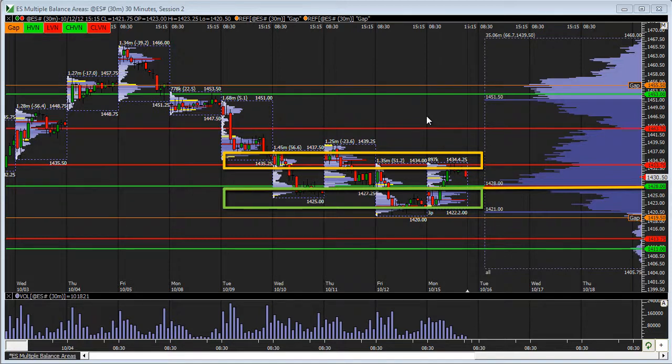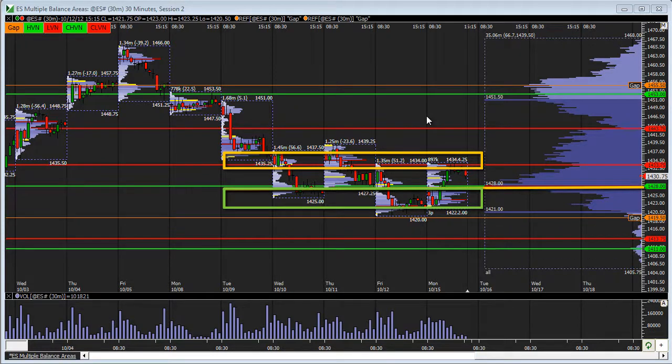And then if we can hold 1428 and then break through 35 to 37, then we'll be looking for a test of 1445 and eventually 1448 and 1453. So those are some key levels that we're going to be watching, and that's what we're going to be using to establish our short-term directional bias.